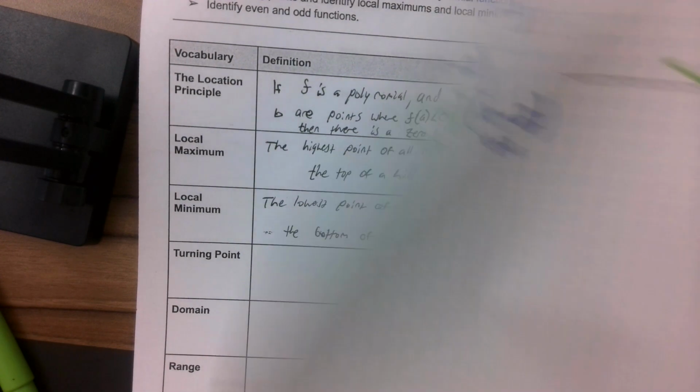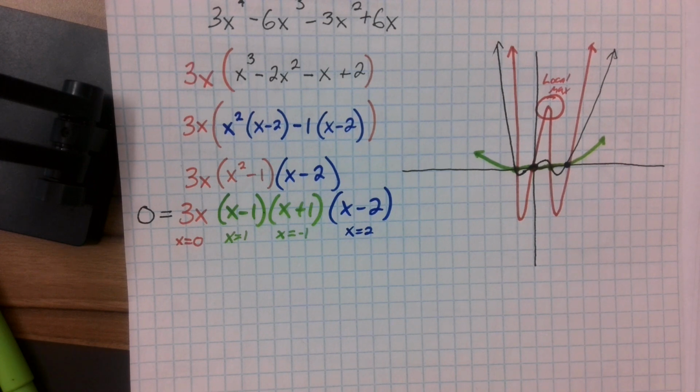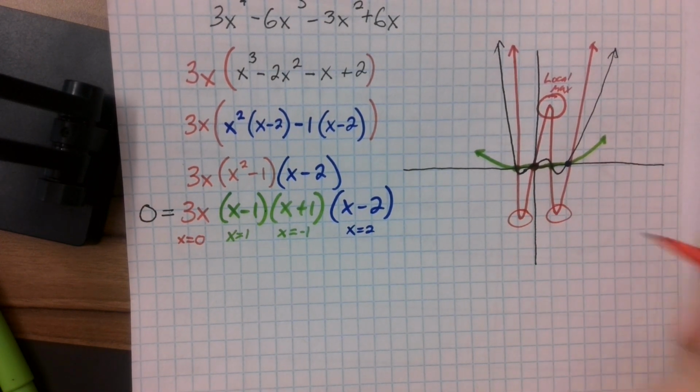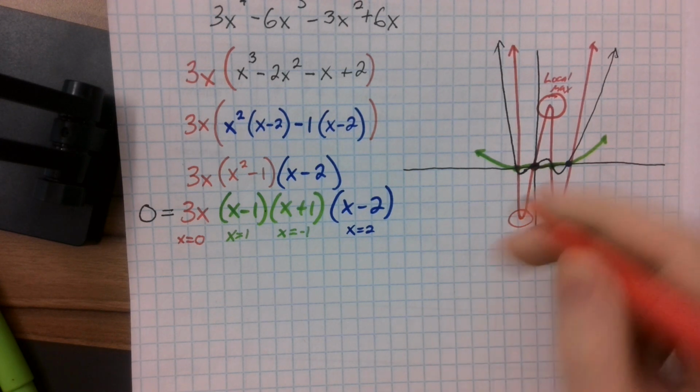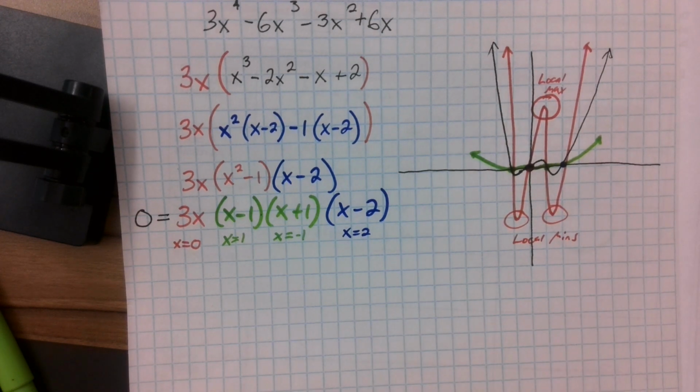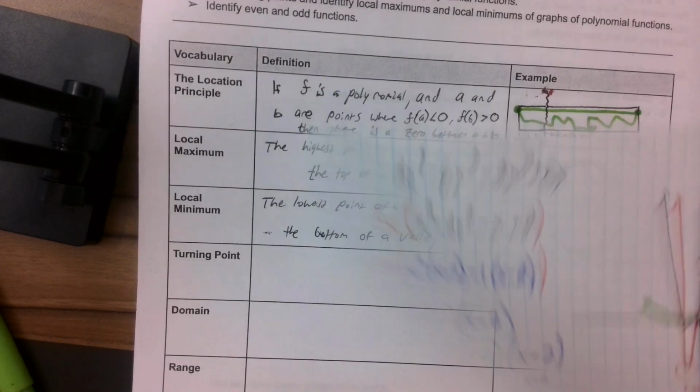On our graph, we can point out some local minimums as well. There's 2 spots where it goes really low. Here and here. You can also kind of think of these as like vertices. Like remember on parabolas we had to find the vertex? Local maximums and local minimums are like vertices, or vertices I should say, of a polynomial.